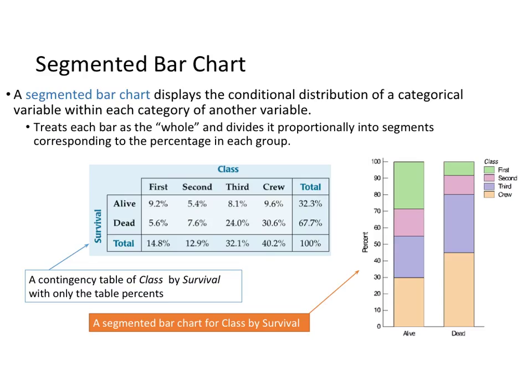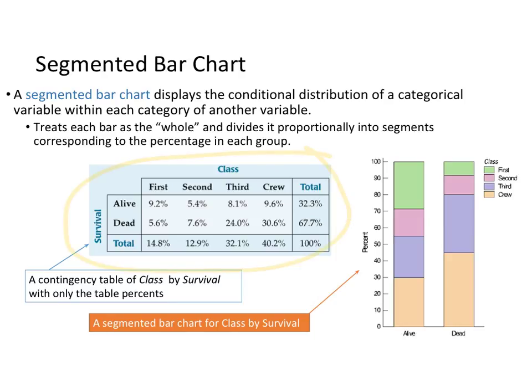A segmented bar chart displays the conditional distribution of a categorical variable within each category of another variable. It treats each bar as a whole, or 100%, and divides it proportionally into segments corresponding to the percentages in each group. Okay, so notice we have a contingency table or a two-way table of class by survival with only the table percents.